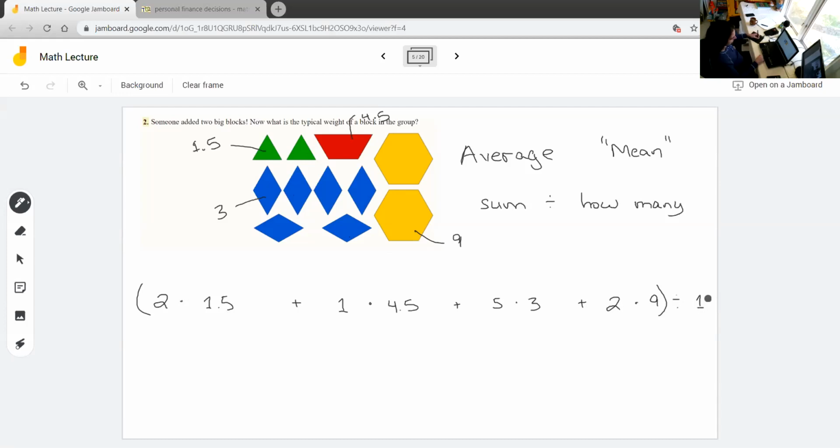So now I'm getting about 3.7 grams. Everyone else get the same on their calculators?